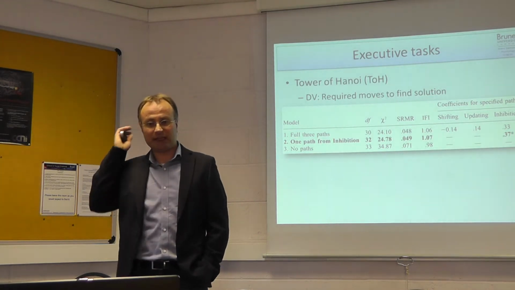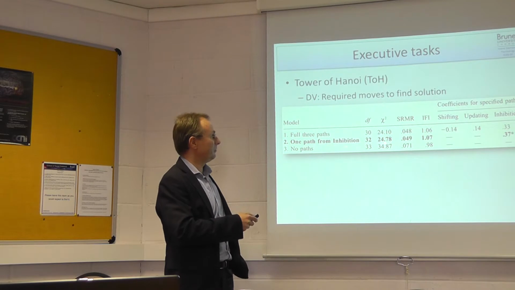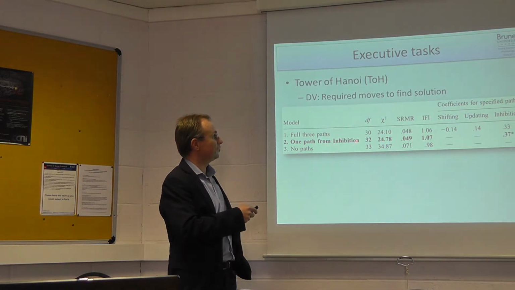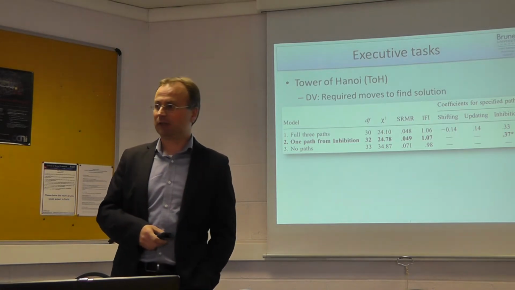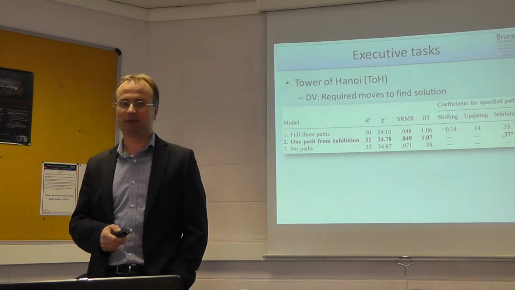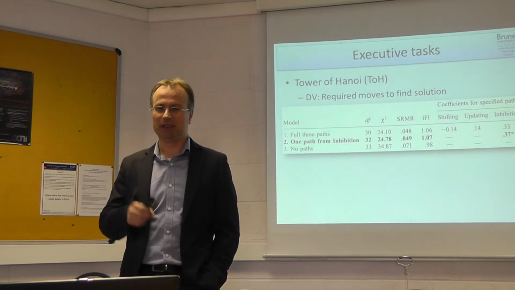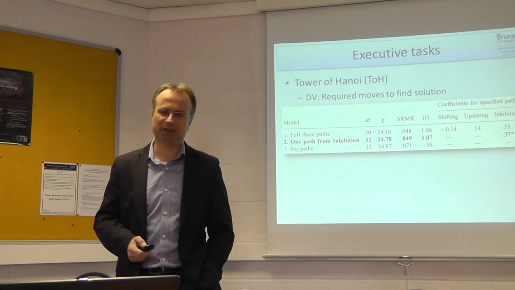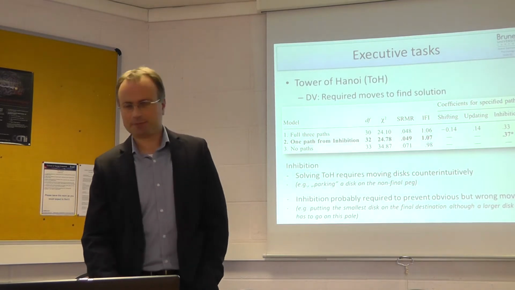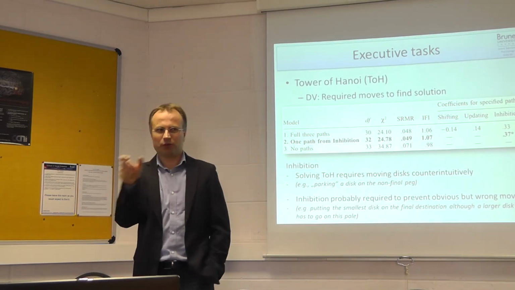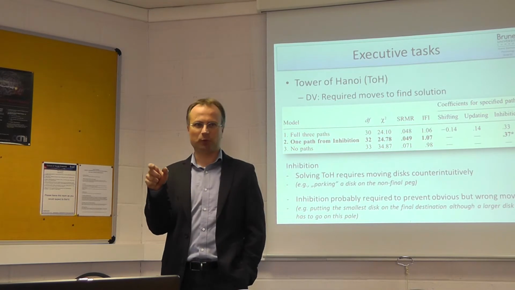And when they did that, they found that the best model is just one path from inhibition. So the Tower of Hanoi or Tower of London is best described by inhibition. And their explanation is that if you do that task, you often have to move the disks in a counterintuitive way.